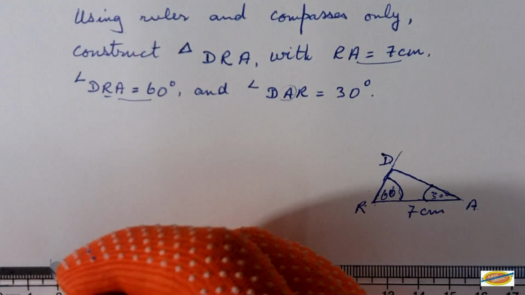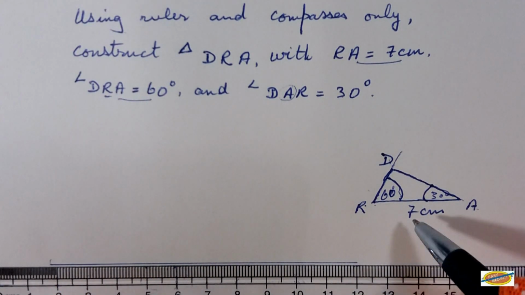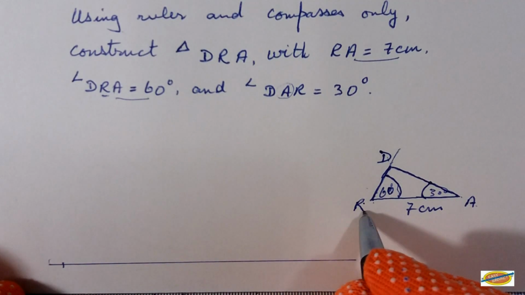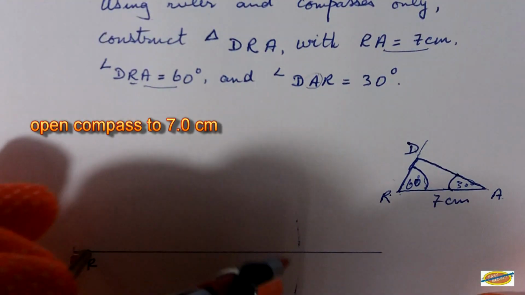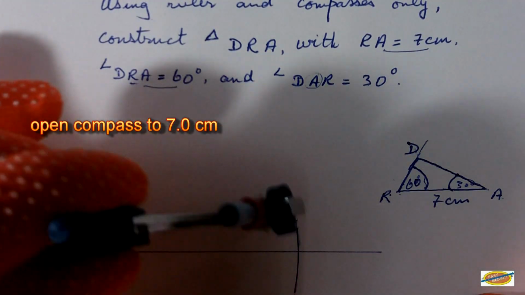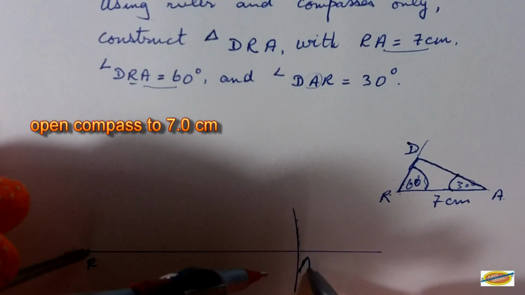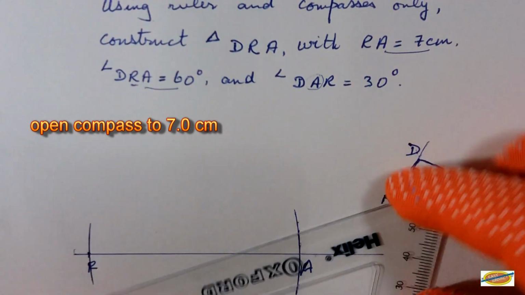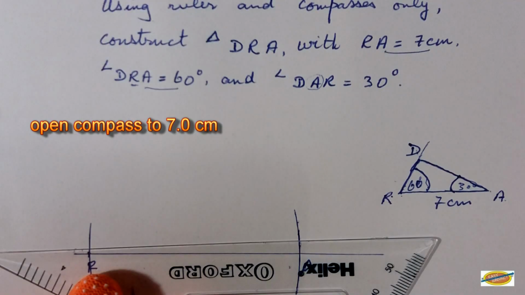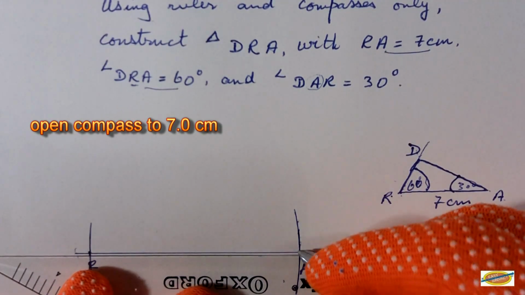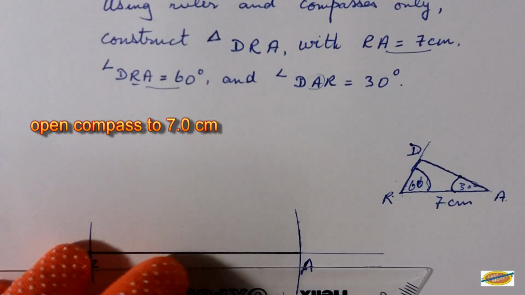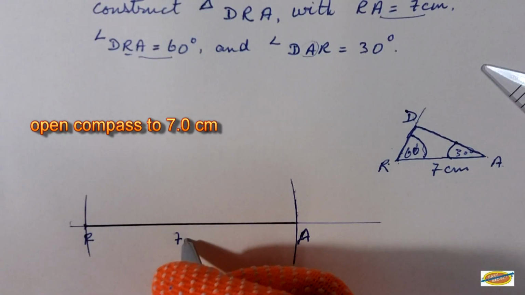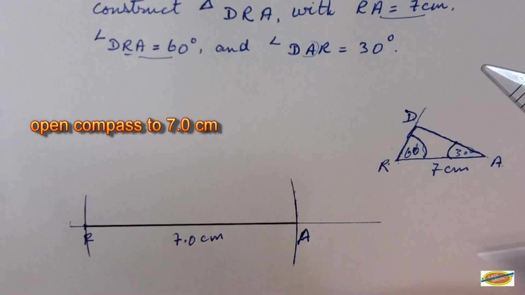So let's construct the base first. Let's draw a thin line that represents the 7 centimeters. We are going to construct it properly. At this point, R, this is A, we bold this line, and write in 7.0 centimeters.